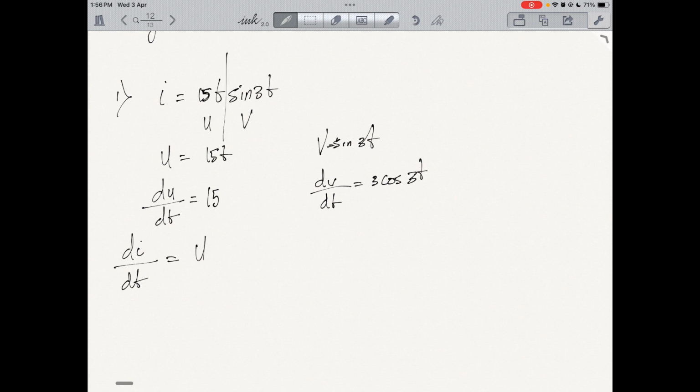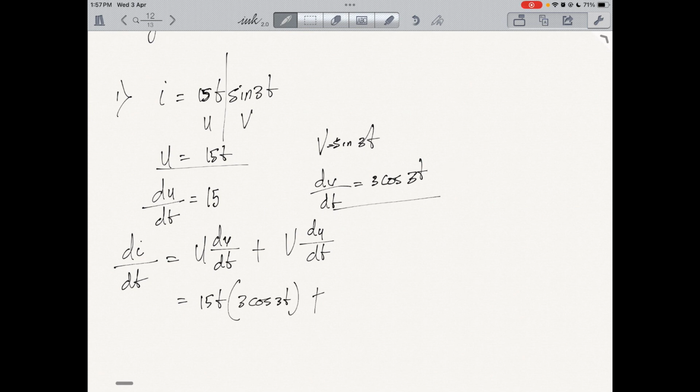Now we apply the formula dI/dt is equal to u dv/dt plus v du/dt. Our u is 15t and our dv/dt is 3 cos 3t, plus our v, which is sine 3t, and our du/dt, which is 15.